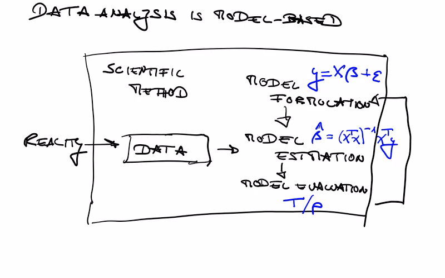And then, because there are many different data analytical procedures these days, you can use this as a framework to think about different data analytical methods and learn about them. Good. So this is the model-based framework for data analysis.